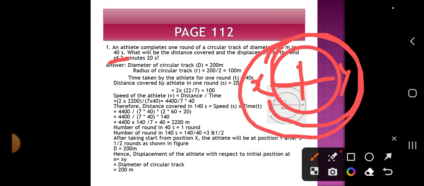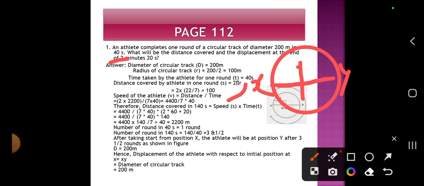So the circumference of the circle is 2 pi r. We will put pi equal to 22 upon 7 and r equal to 100. So what we will get is the distance.